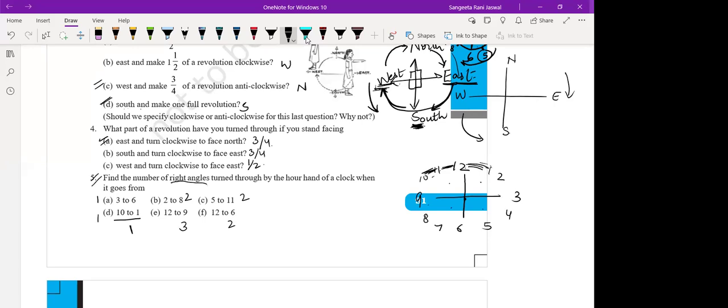This is 12 and you're moving clockwise till 9. 3 right angles. From 12 to 6, Harshit, how many right angles? Ma'am, 2. 2 right angles. Okay, good.